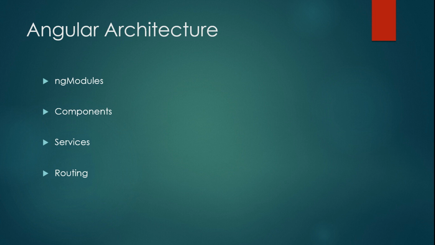The next basic building block is the component. A component is the basic building block for designing a screen, and one component is associated with one template. That template view represents one screen.